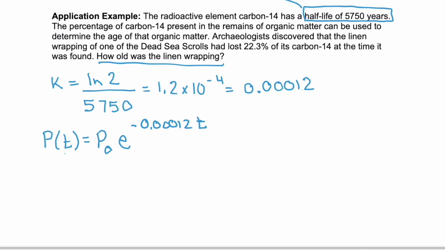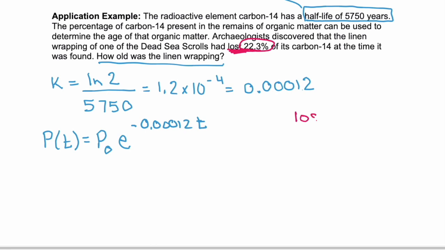We need P of 0. And how do we get P of 0? Well, notice that we're told that we have 22.3% of its carbon left at the time it was found. Oh, sorry, it had lost 22.3% of its carbon. Lost 22.3.